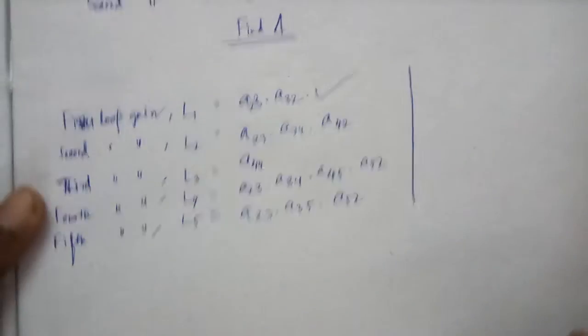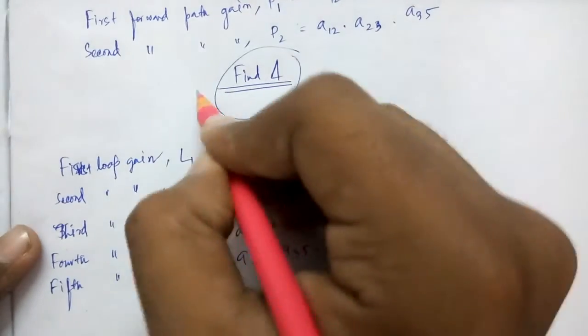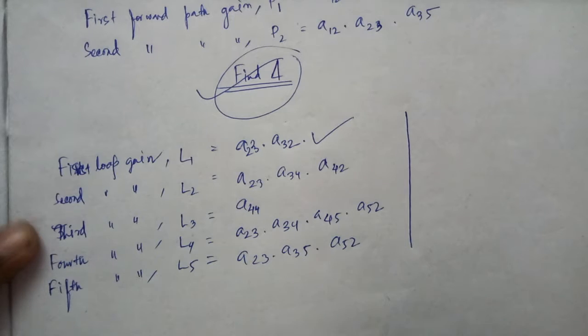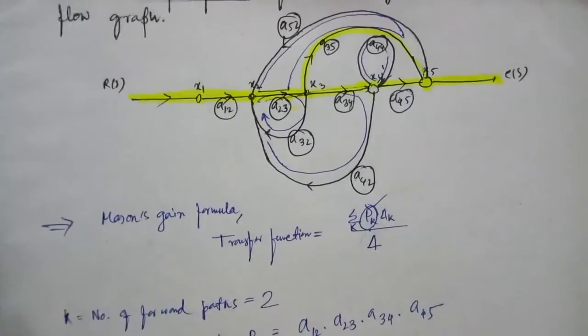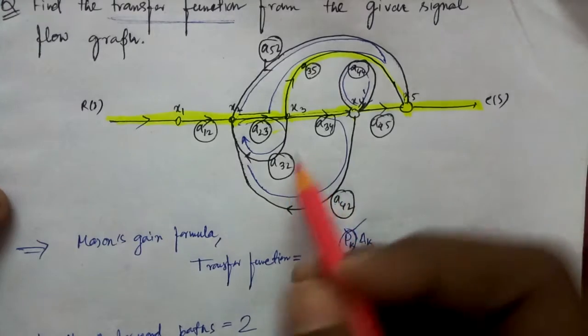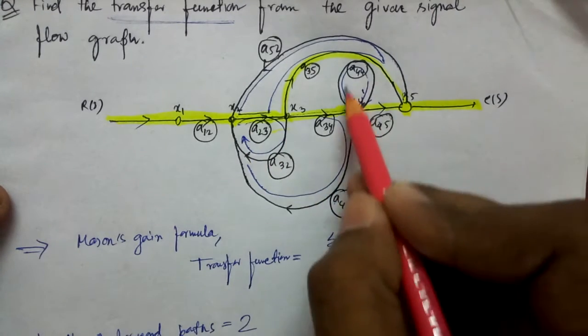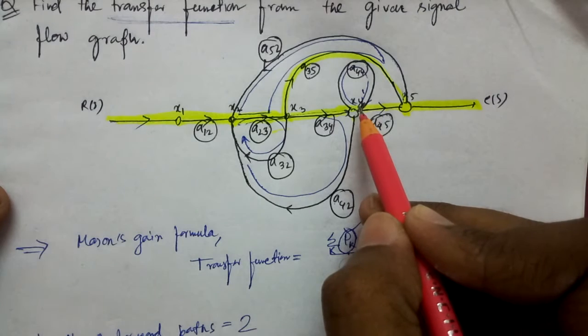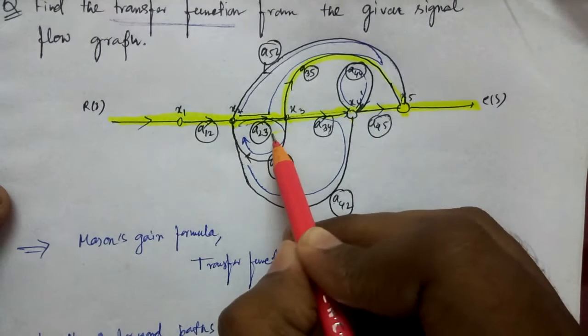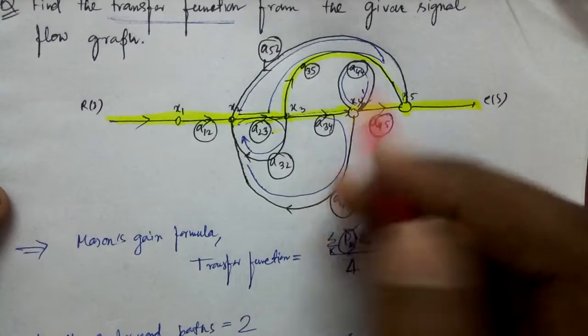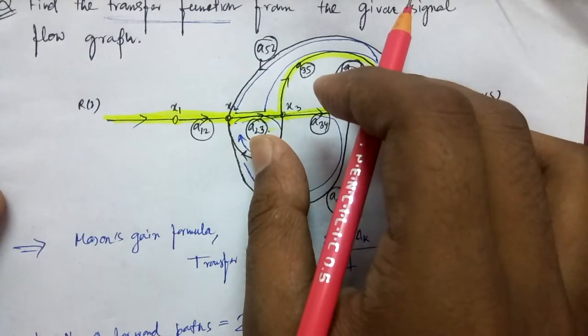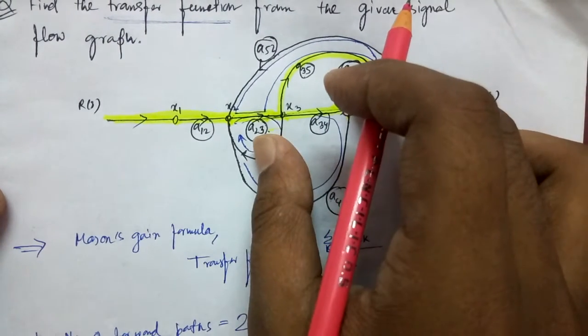Now to find delta, we also have to calculate the number of two non-touching loops and three non-touching loops. If you see the signal flow graph properly, you can see that this loop and this loop are not touching each other, so these two loops are non-touching. This is a pair.